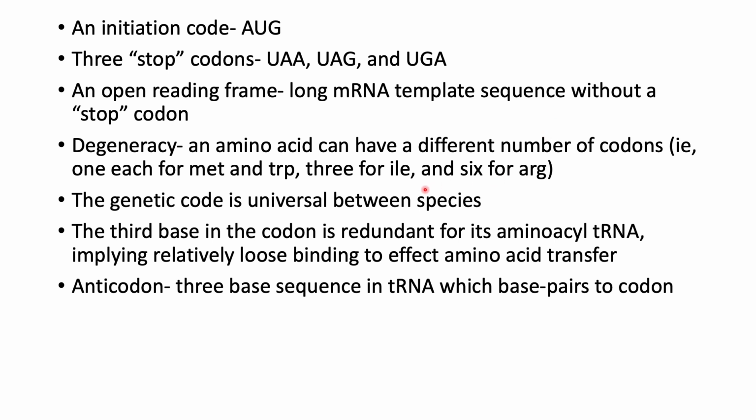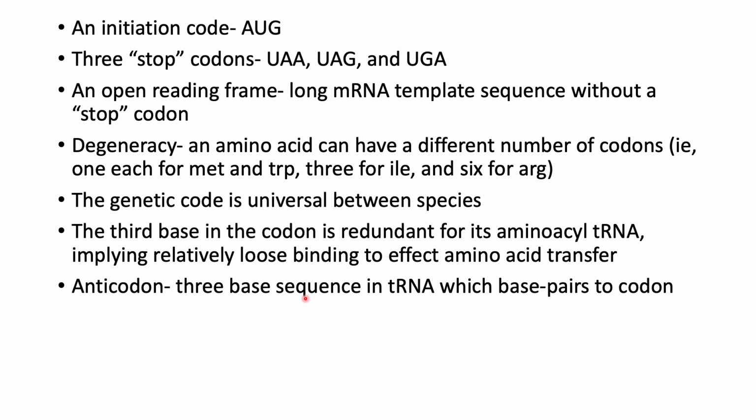The genetic code is universal between species. Every species has this genetic code. And the 3rd base is redundant for its amino acyl tRNA, which implies, evolutionarily speaking, loose binding of that 3rd one to affect amino acid transfer.